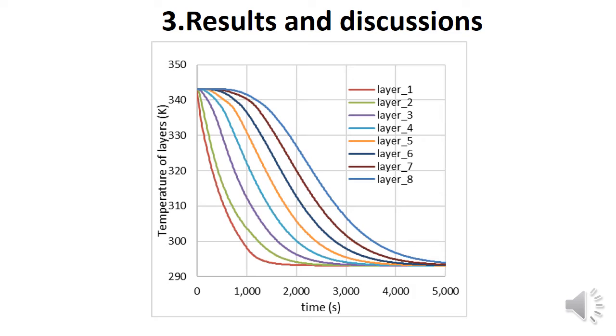Results. This figure presents the variation of discretized tank layer temperature as a function of time. Results show that the bottom layer temperature decreases rapidly as the cold water enters the tank from the bottom inlet.